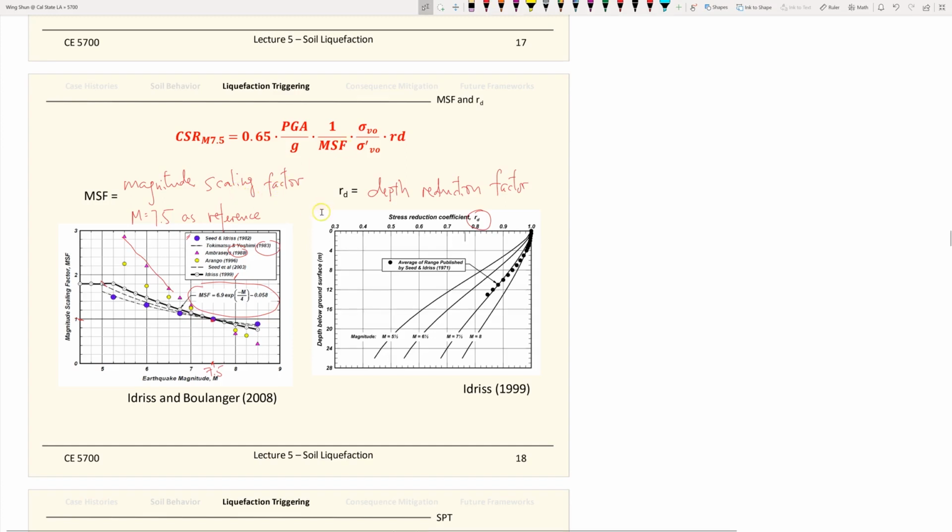So those are the two factors. And again, like the MSF scaling factors, from time to time those correlations for r sub d will be updated, because we will have more data to kick in and those correlations will change.